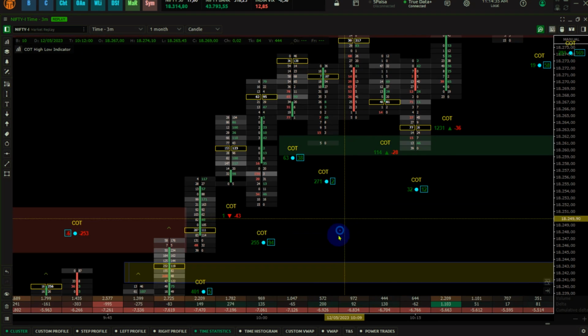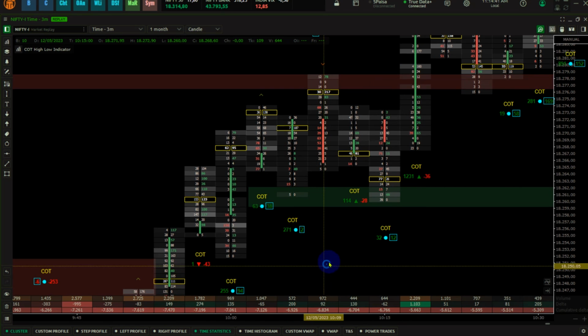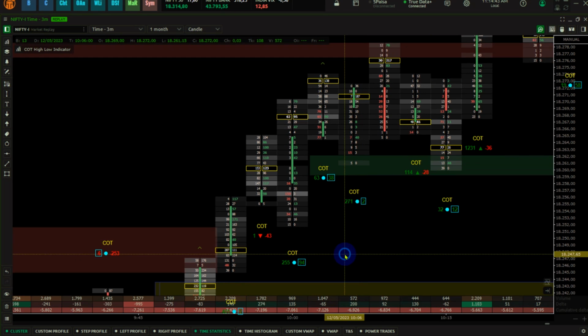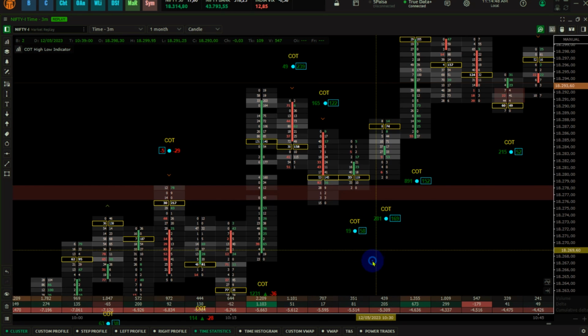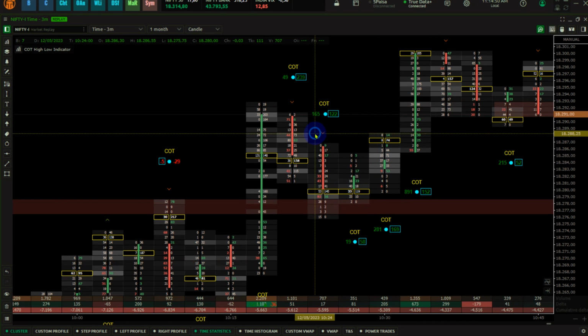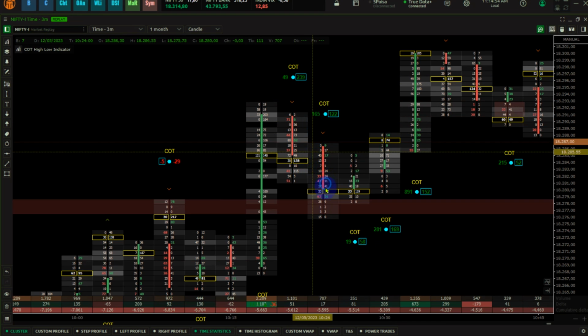Now let me show you a bar that I wanted to indicate. Let's see if we can find a bar here. Yeah, this one. So these two bars, in fact, where the COT is positive and the bar has closed down.